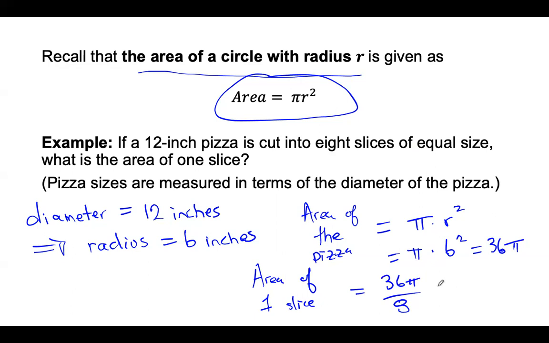And then we can reduce this, 9 pi divided by 2. So maybe there's no point to this actual question, but it helps us practice the formula. One idea could be, suppose we're making boxes to fit the pizzas in. So maybe then we care about the area. That would be an application.